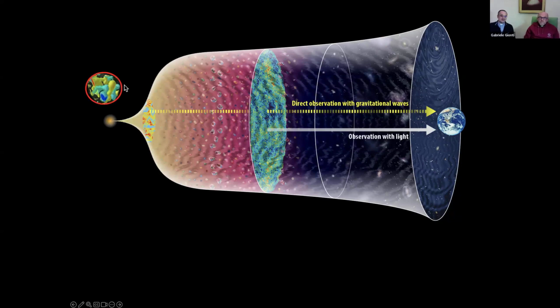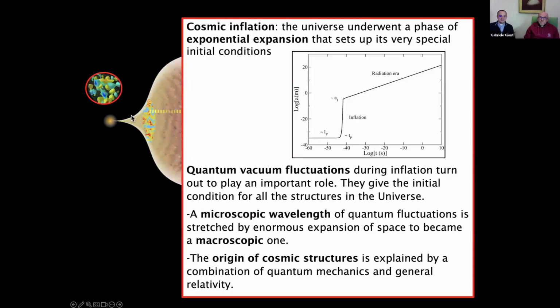You see there are quantum fluctuations at the beginning of the universe, you see in the cartoon. And there is, after this very quick expansion, cosmic inflation. The universe underwent a phase of exponential expansion that sets up its very special initial conditions. And the quantum fluctuations during inflation turn out to play an important role. They give rise to the initial condition for the structure of the universe.